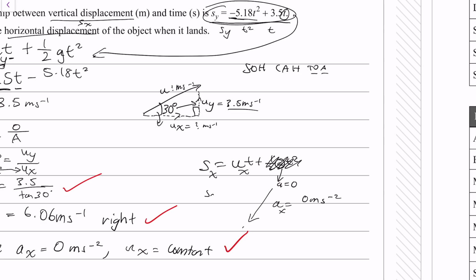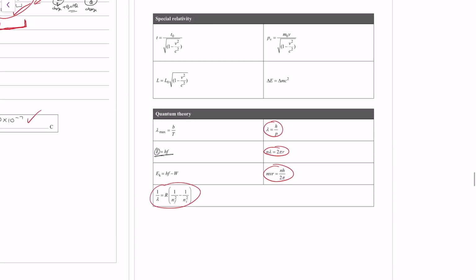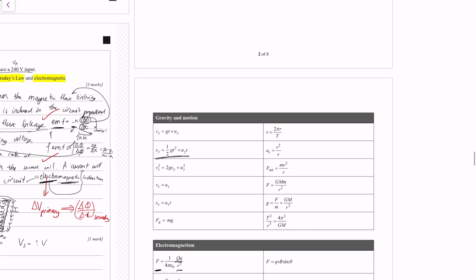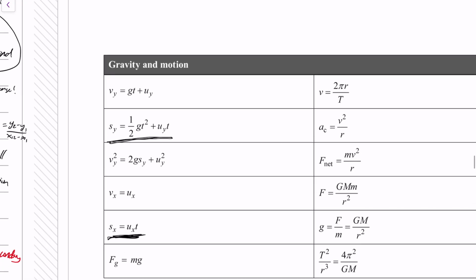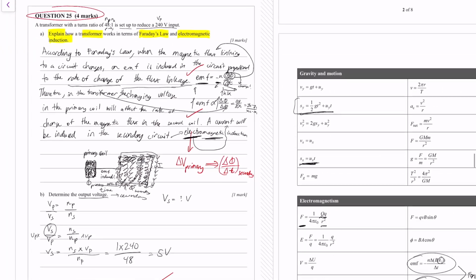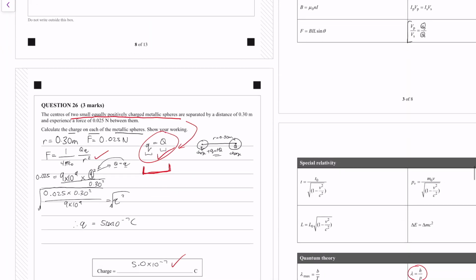We're left with sx equals uxt. So I basically just derived that year 12 formula that we got. That's how we get that formula, and why it's different to the sy, because we don't have an acceleration. We don't have a meters per second squared.